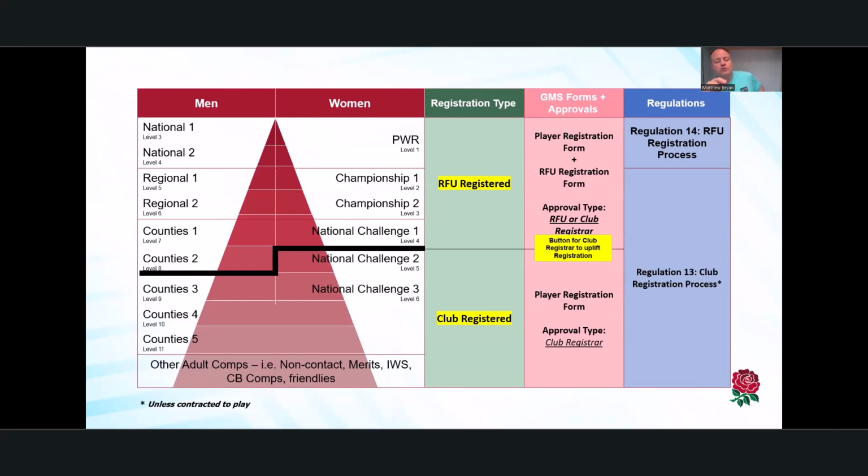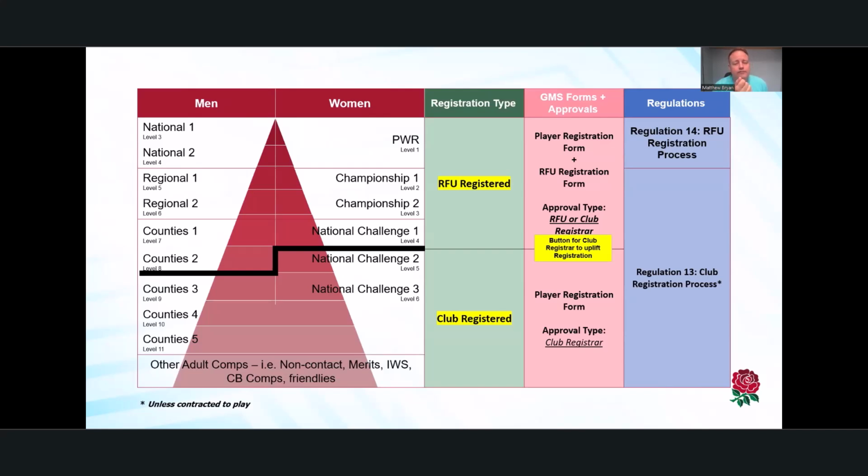And when we say below those levels, we mean everything below that, right from Counties 3, 4, 5, as you can see on the graphic there, right down to CB Cup competitions, Men's Merits, Inner Warrior Series for women, all of those types of competitions and playing opportunities underneath those levels. Club registration is the only registration type that players will need to do to be eligible to play.